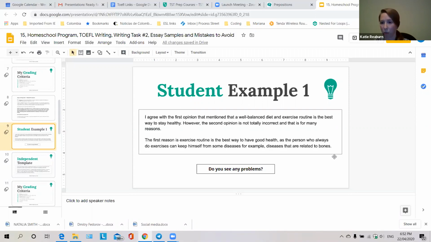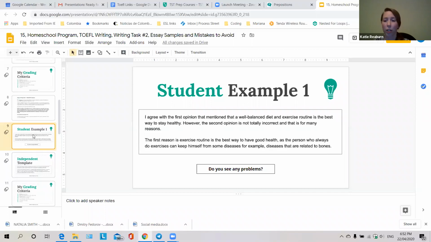Development. Okay, we need to see development. We need to see not just your idea and a little bit in the same sentence that goes to an example. Your first paragraph needs to be full. It needs to be at least 7 or 8 sentences long. This is only 1 sentence.